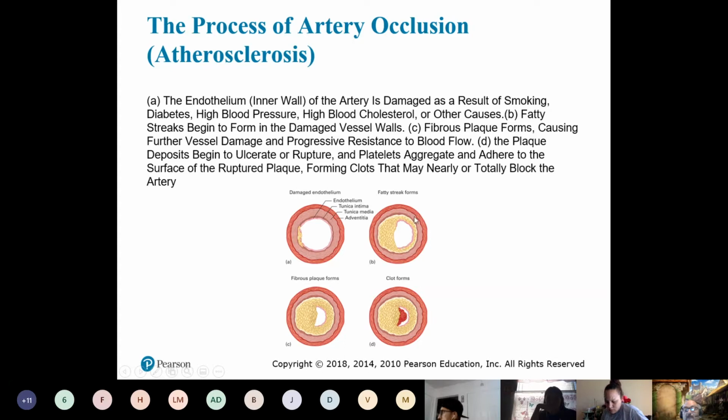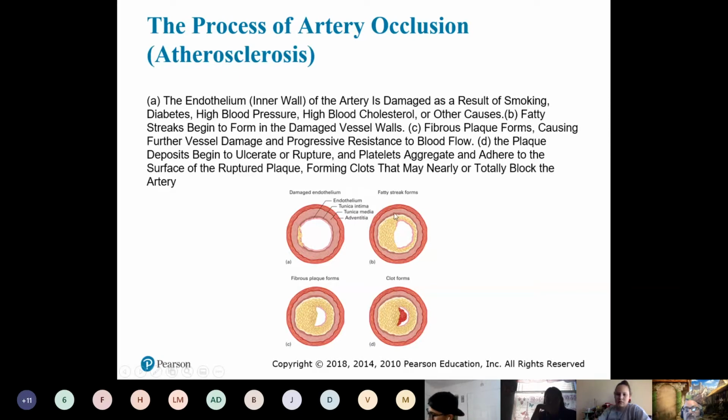So the more doubles animal style that you eat, the more fat you deposit within the arterial walls. And this is what arteriosclerosis is, where there's the plaque buildup within the arterial wall.